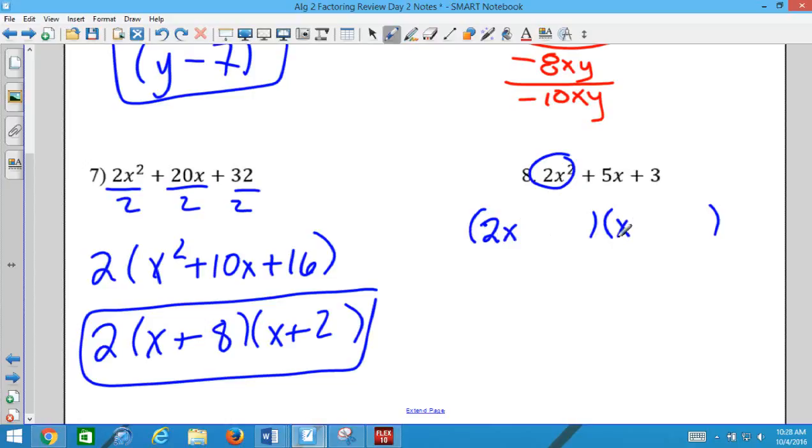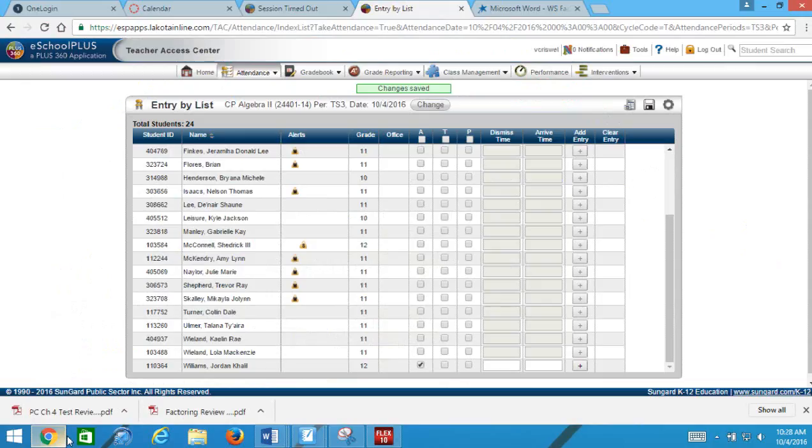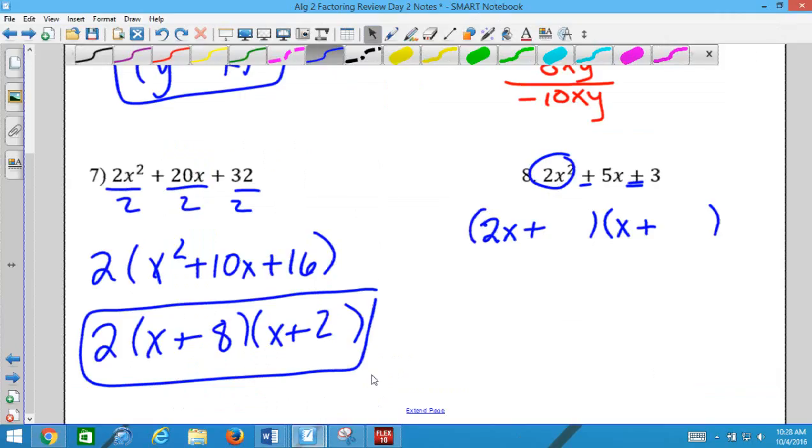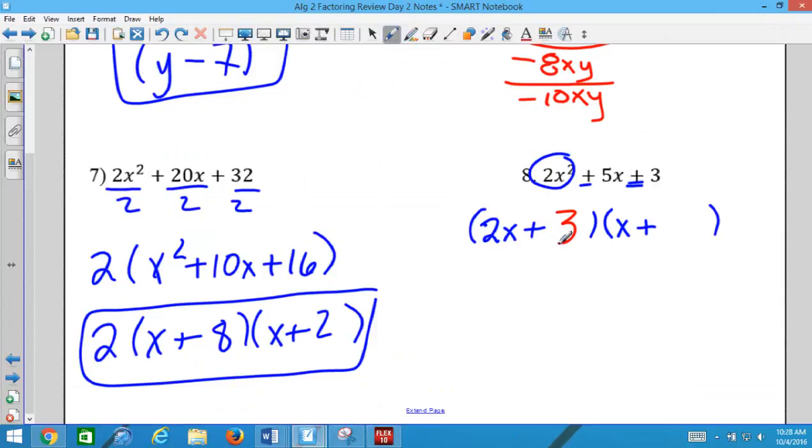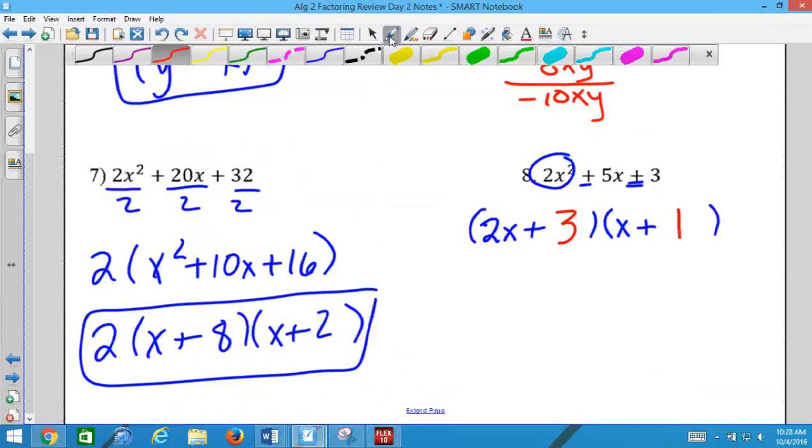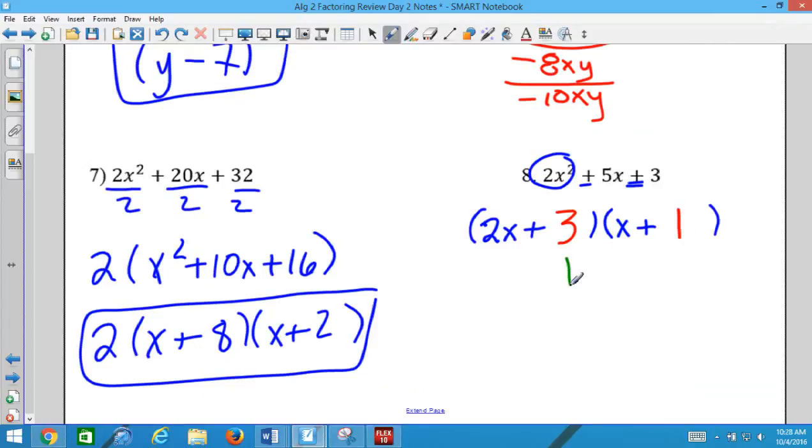That is what I multiply together to give me 2x squared. My signs are both the same, both positive. What are my options for the other slots? 3 and 1, or 1 and 3.